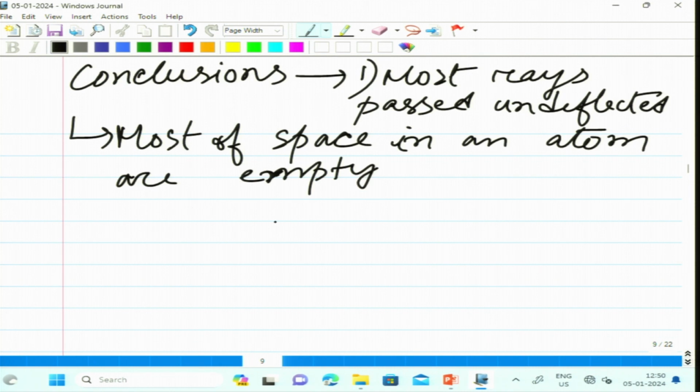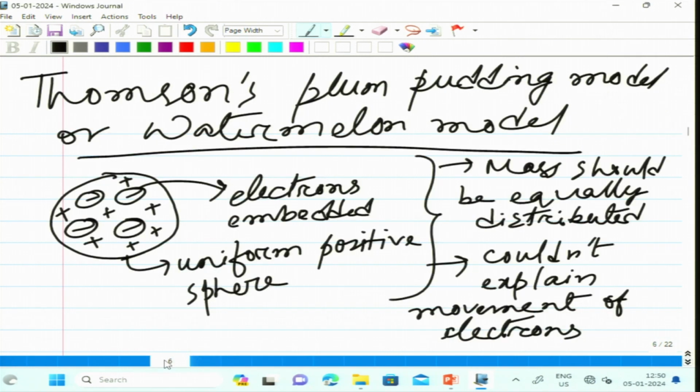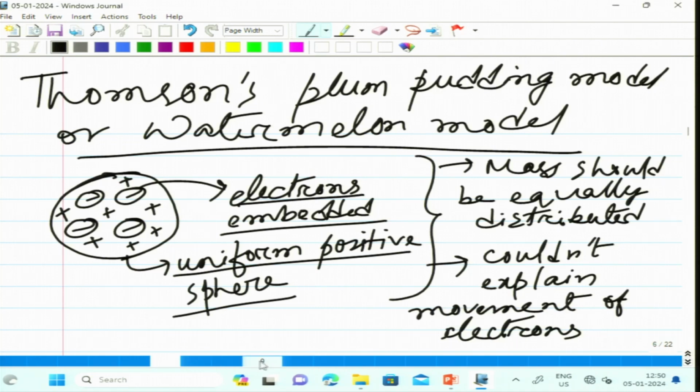This point was the first to contradict Thomson's model, because in Thomson's model the atom had a uniform positive sphere and the electrons were also embedded in the atom uniformly.